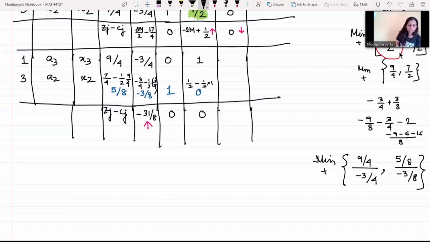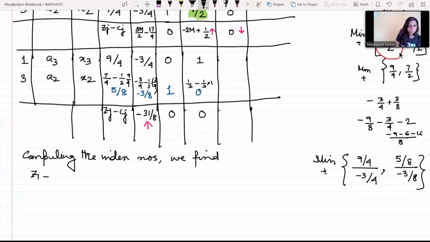If I write down the conclusion in this manner: computing all the index numbers, we find Z1 minus C1 less than 0, which implies A1 is the entering vector. All good so far?